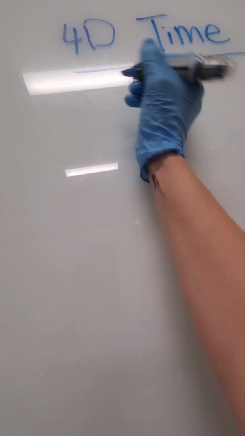These resolutions are also going to help us with our measurements and making sure our measurements are accurate. But 3D, spatial. 4D, we have the dimension of time. Temporal resolution.